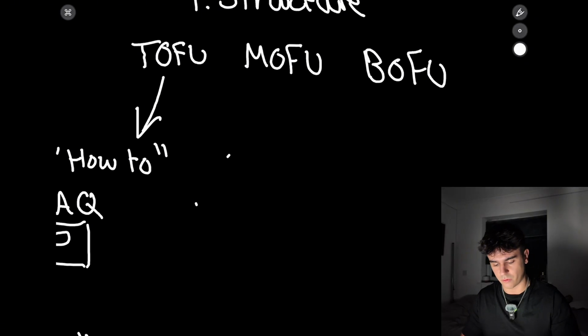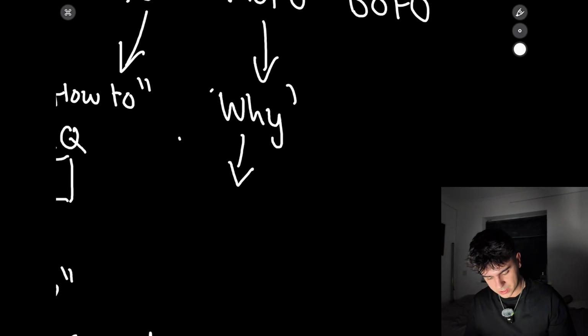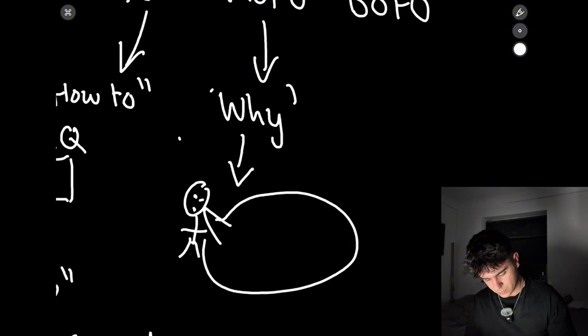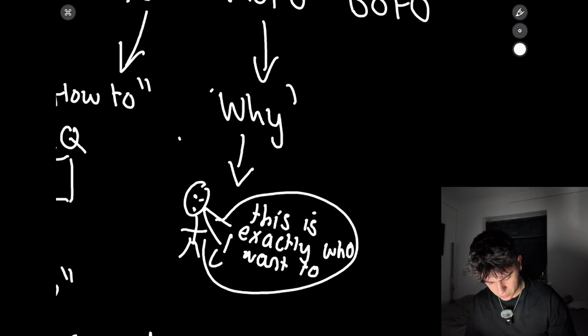Next, we have middle of funnel content. And this is your typical why video. The goal of this video is to get the viewer to think to themselves, this is exactly who I want to learn from.